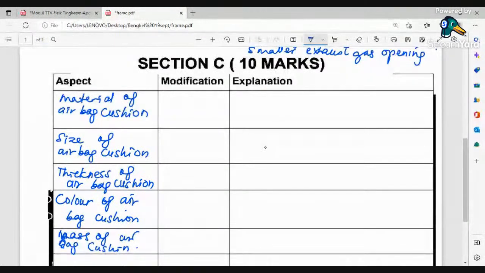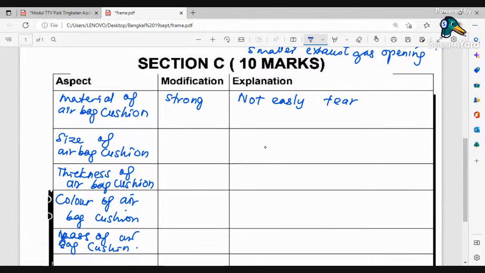So material dia mestilah material. Kalau you tak tahu apa, material ni boleh banyak jawapan. Okay. Paling senang kalau material dia strong. Itu yang paling senang. Reason pun mudah, senang. Not easily broken sebab ni ialah airbag kan.